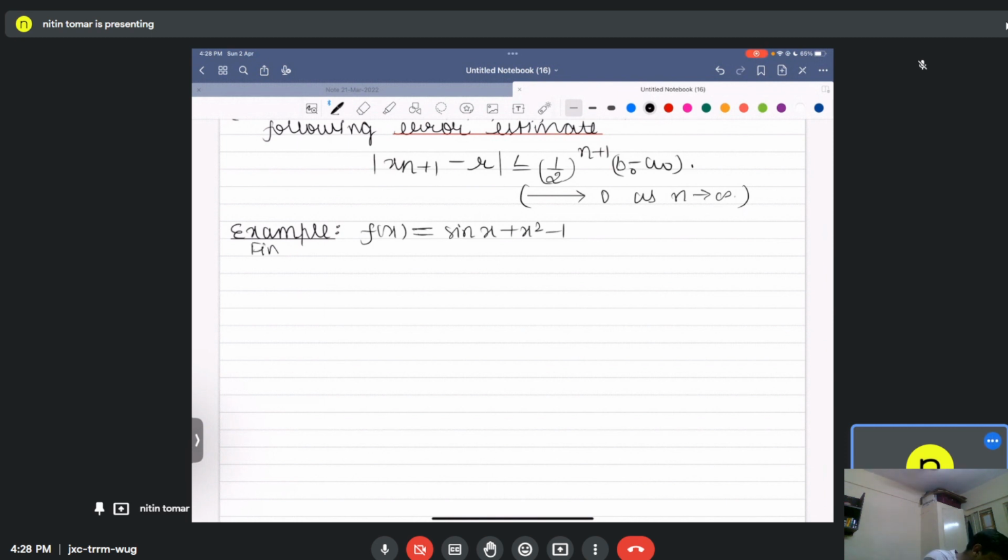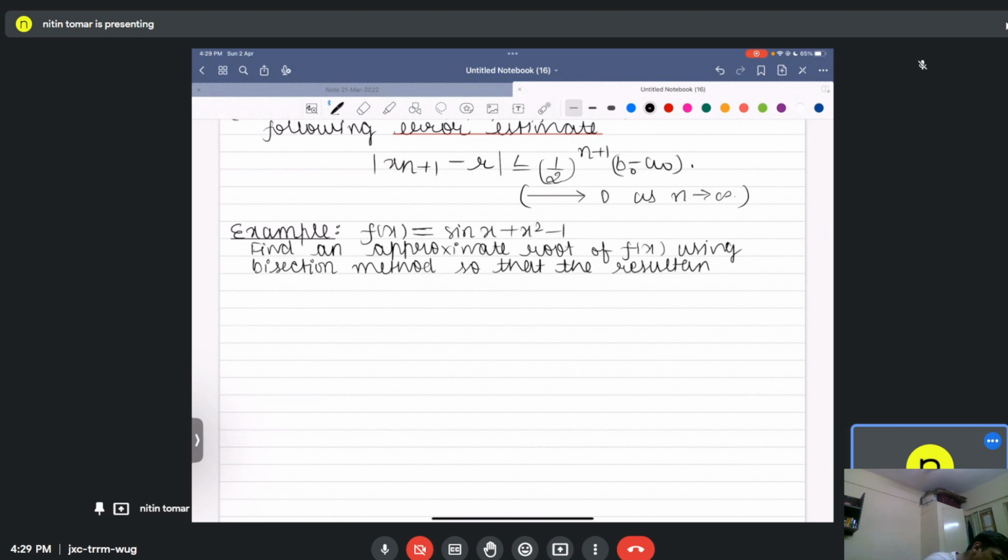The question is, find an approximate root of f(x) using the bisection method such that the resultant absolute error is at most 0.125. So how do we proceed?